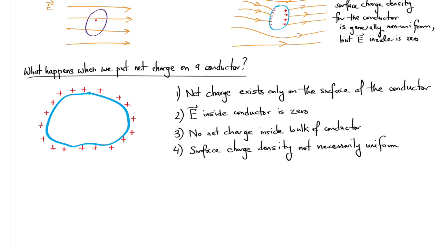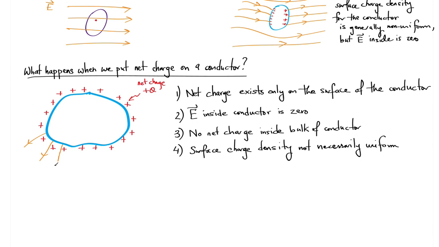So again, let's just say I've put a net charge plus Q onto the conductor. I'll just write that down. So the electric field at the surface of the conductor, again, will be just perpendicular to the surface at every point.